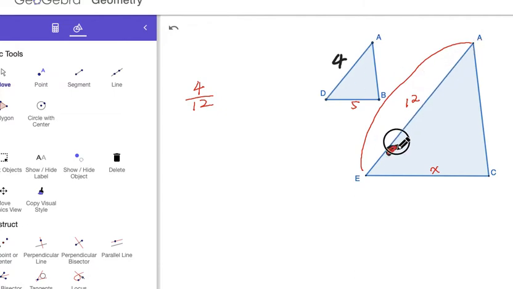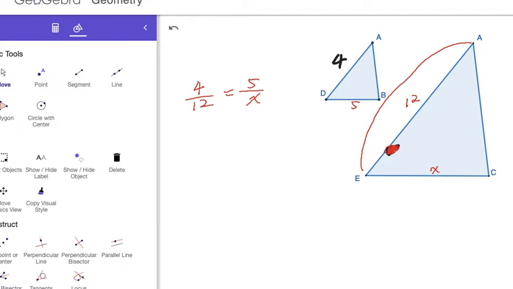So let's stop looking at this 8 so it doesn't confuse you. And DB is matching to this, 5 over x. This is something I want to remind you. When we see overlapping triangles, you need to be very, very careful. You need to separate these two triangles to really look at what the corresponding sides are, and then figure out the dimension of each.